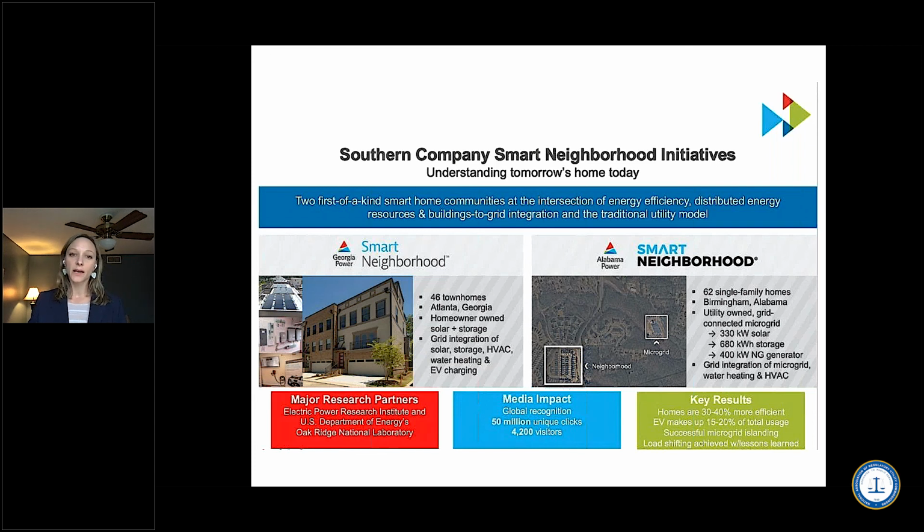And in Alabama, the pilot has a microgrid and grid integrated water heating and HVAC. You can see some of their results in that little green box in the bottom right corner, including that the homes are saving 30 to 40% more energy than comparable homes.